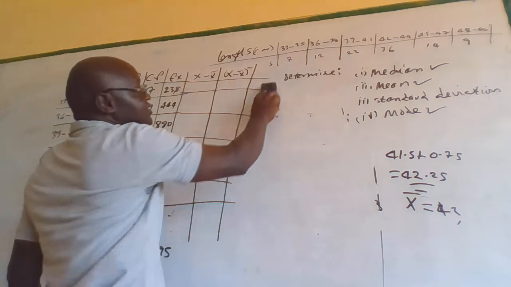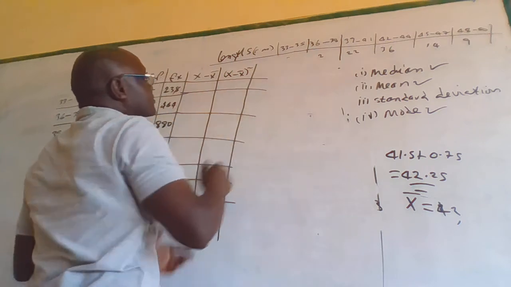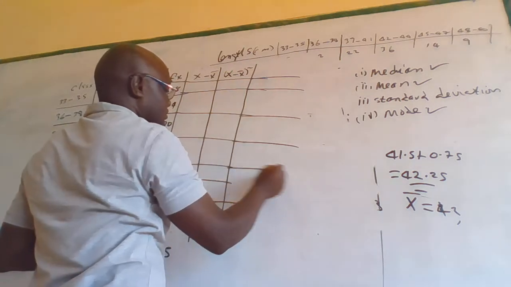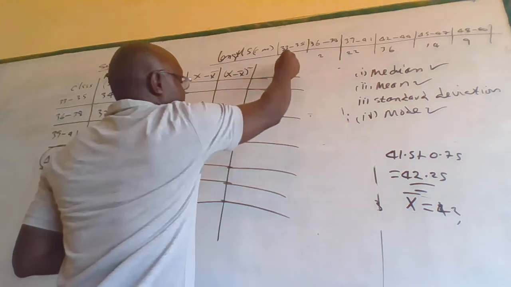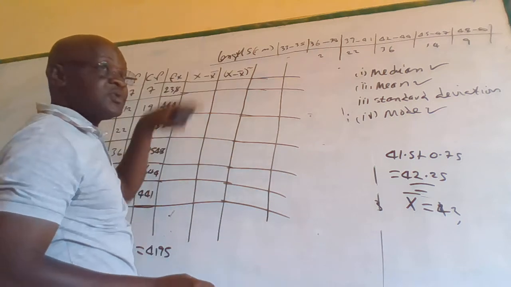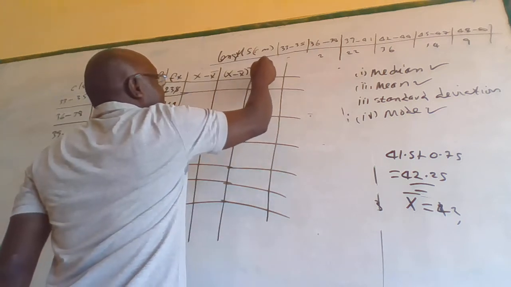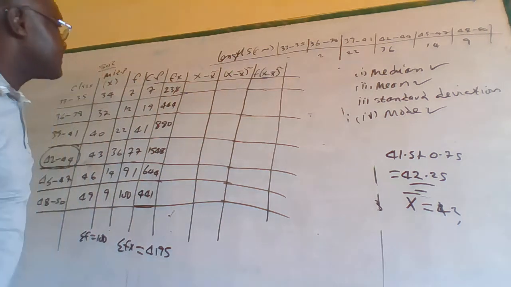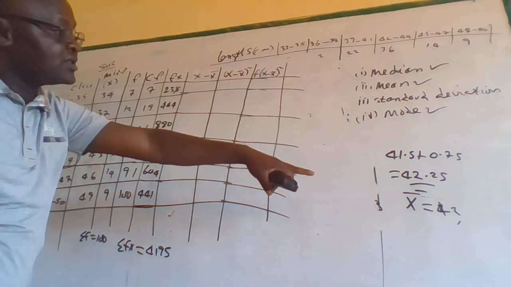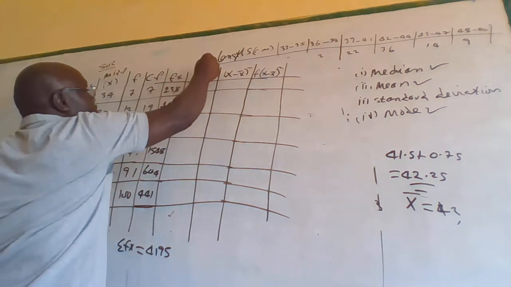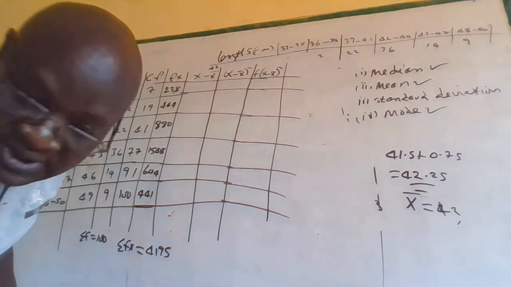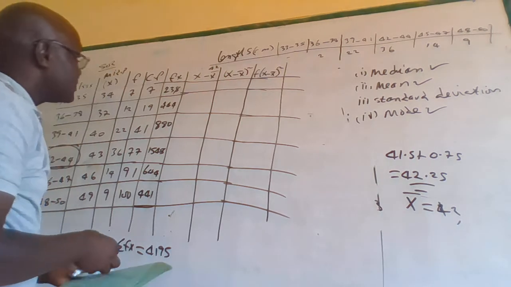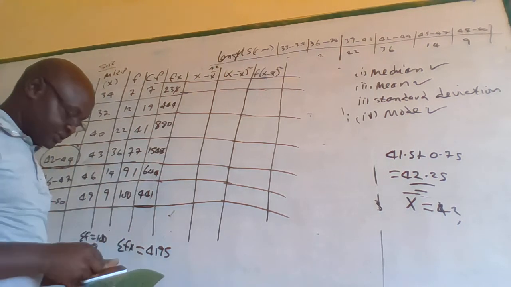Then we shall require the last column where we multiply this with the frequency. So our x bar, we say it's approximately 42. 42 is approximately our mean. Then we can fill these columns.